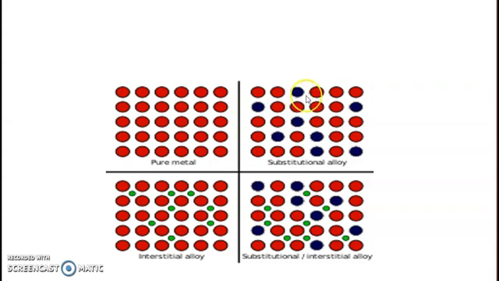This is possible only if the atom size of the base metal is equal to the atom size of the alloying agent. If the sizes of both the alloying agent and pure metal atoms are the same, then only is it possible to substitute the atoms in place of pure metal atoms.